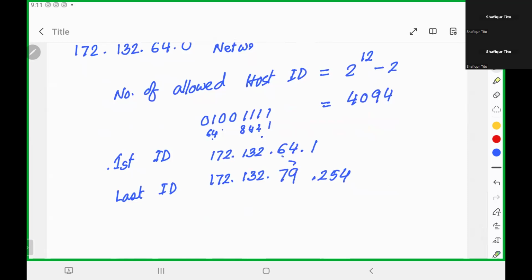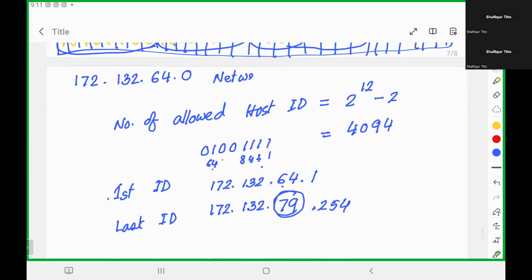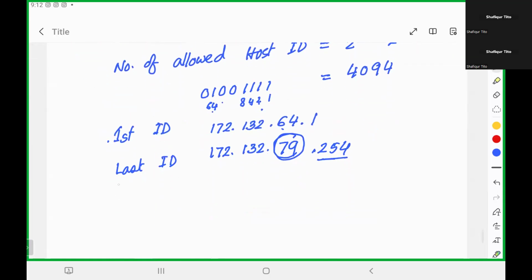This is very crucial. It is not going to 255 anymore because I can change only 4 bits. That can give you a maximum of 79. But the last octet can be 255. Okay. Now, what about the broadcast address?